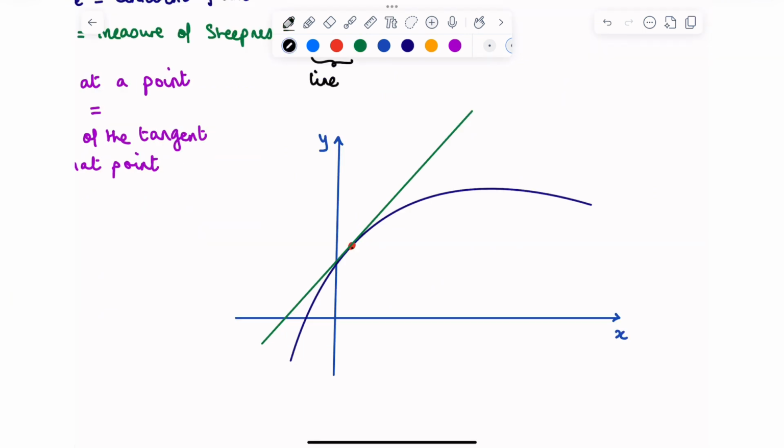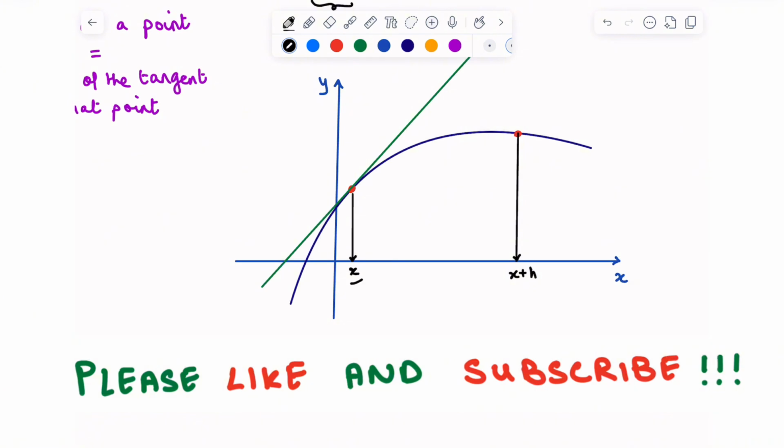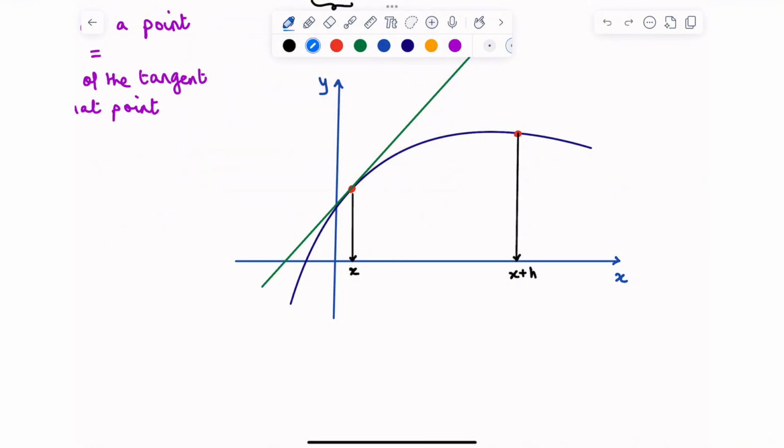Okay, so let's set this up. I'm going to pick this point right here and label them like this. I've labeled it x here and x plus h here, and you'll understand why I did that in a second. So essentially this gap here is just going to be h. What we can do is the same thing as we did with the line: we picked 2 points, found the change in y, found the change in x, and did change in y divided by change in x.